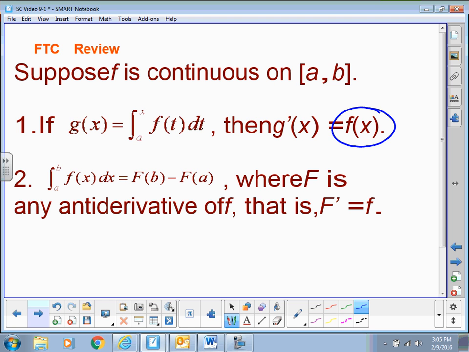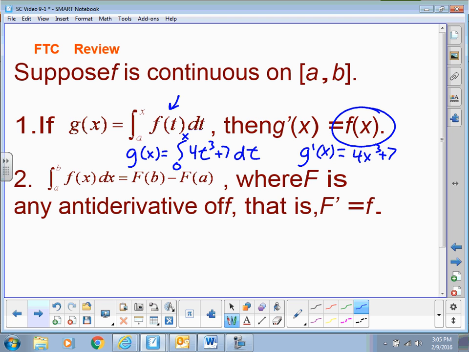So imagine if we had the integral from 0 to x of, let's say, 4t cubed plus 7 dt, and we called this g of x. Well, then g prime of x, the derivative of that whole thing on the left, is just our function inside here, but with an x in it. So it would be 4x cubed plus 7.